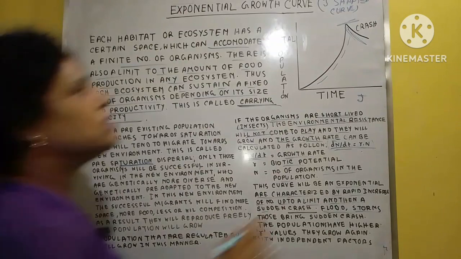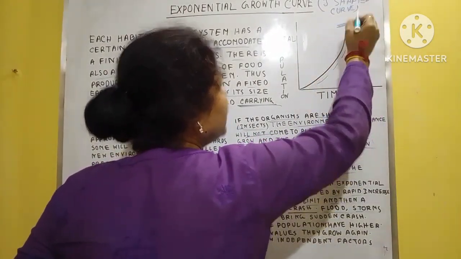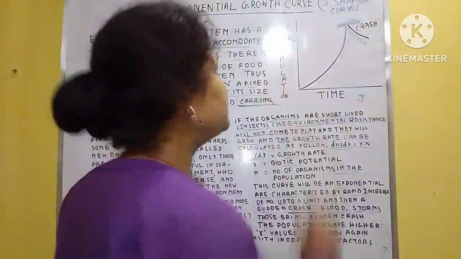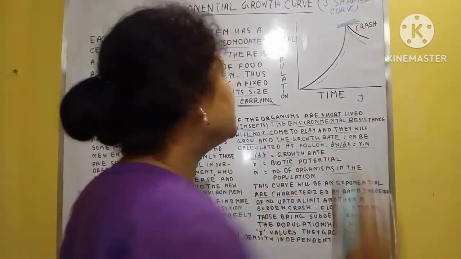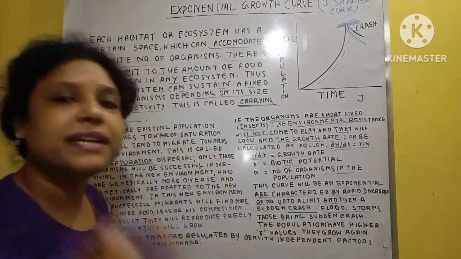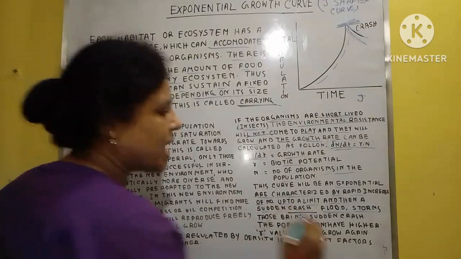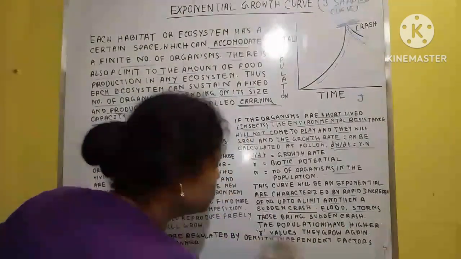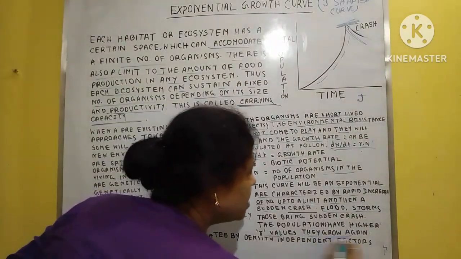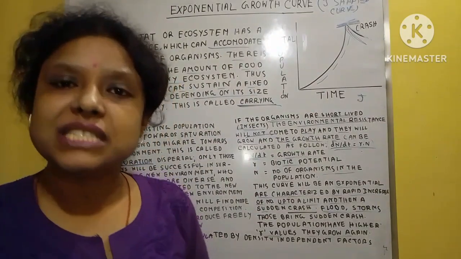In that situation, after reaching a particular point, the exponential point, the growth curve crashes, or is totally broken down. And then only the population which has a higher r value can grow again. Otherwise, that population will become extinct.